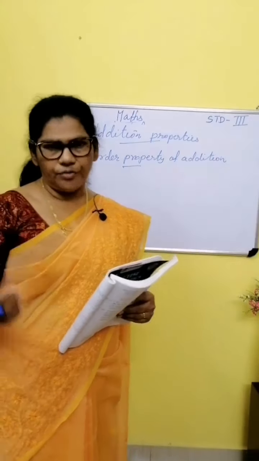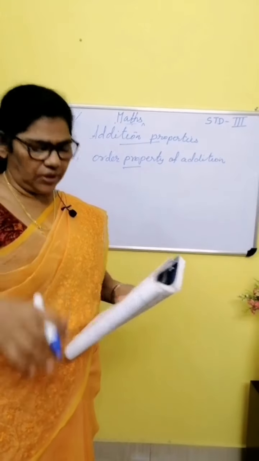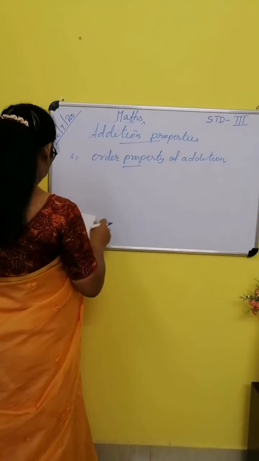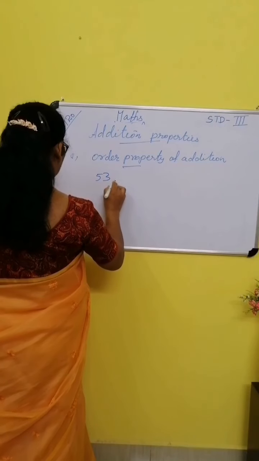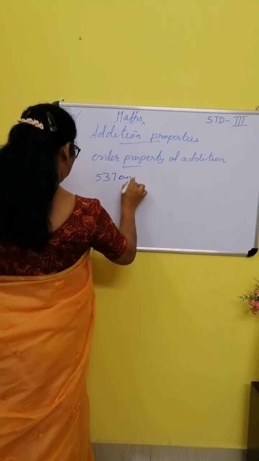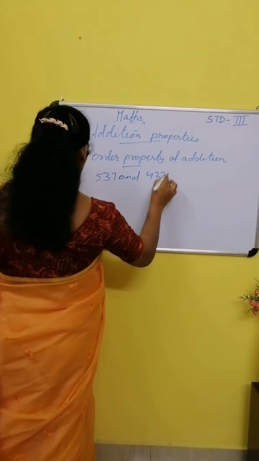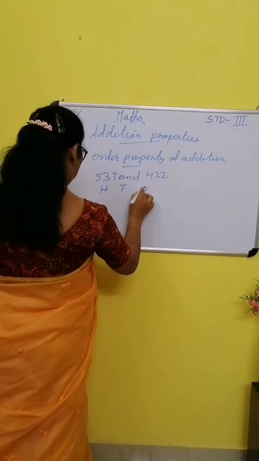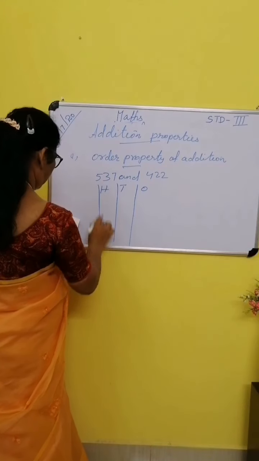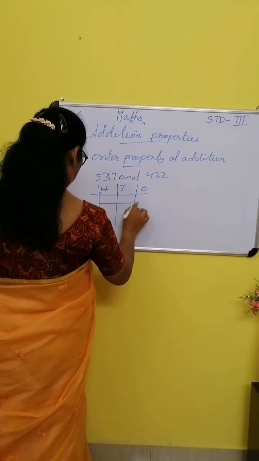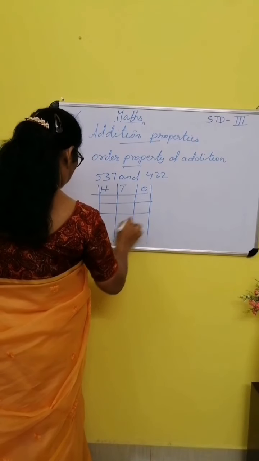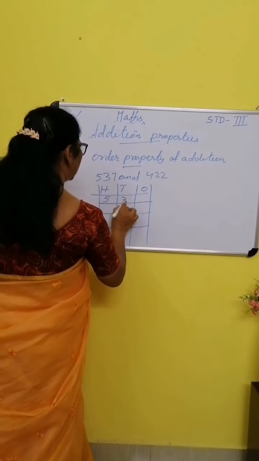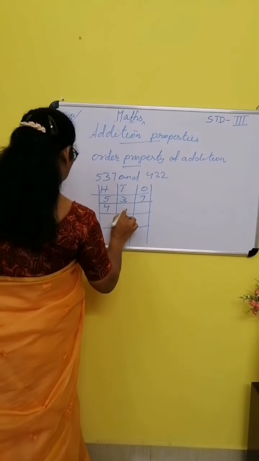Even if the order of the numbers changes, the sum will be the same. Question: 537 and 422.